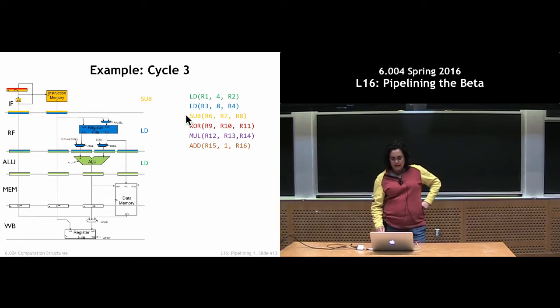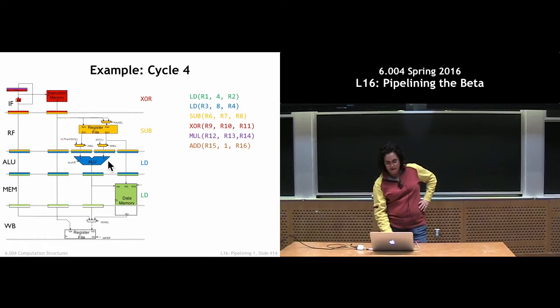So then we proceed down one more cycle. Now the subtract comes in, the load moves further down, and now we have the execution of this green load, which is basically going to add the contents of R1 plus 4. That's now going to become our address for our load.